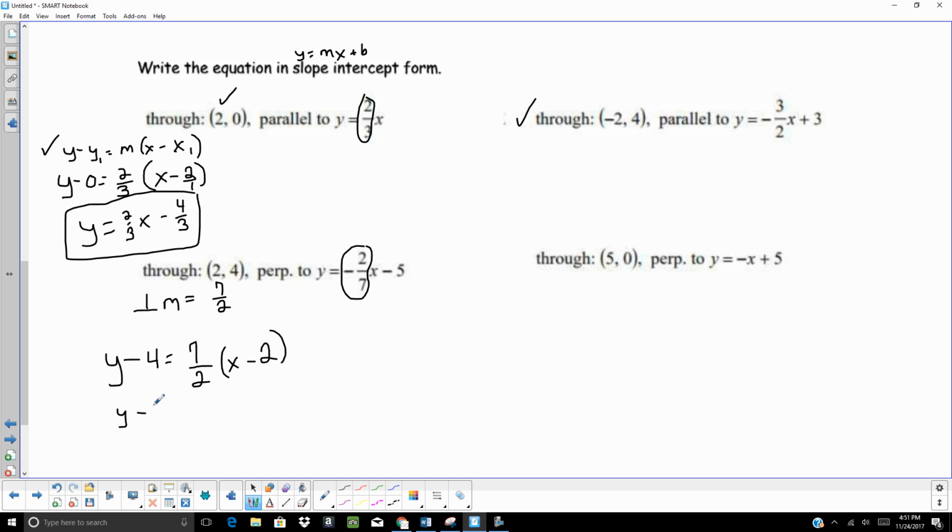So y minus 4 equals 7/2x minus 7. Add 4 to both sides. And you get y equals 7/2x minus 3. Go ahead and hit pause and try that last example on your own.